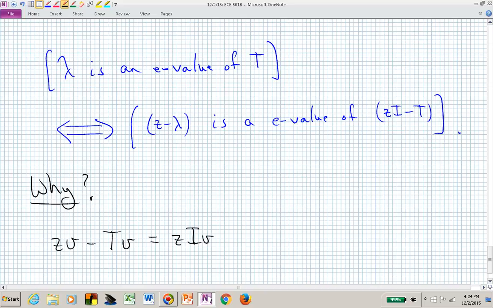I can put that identity map in between the scalar z and the vector v minus tv. But if I now say that v is an eigenvector of t with eigenvalue lambda, then I can say that tv can be replaced with lambda v.